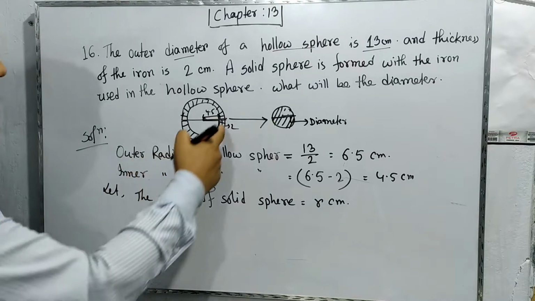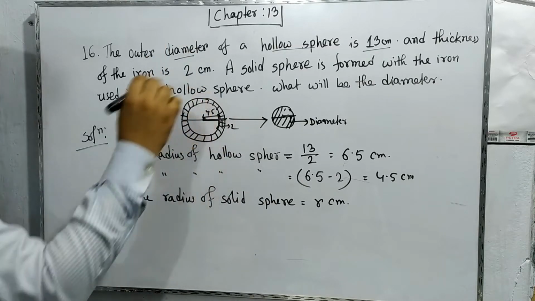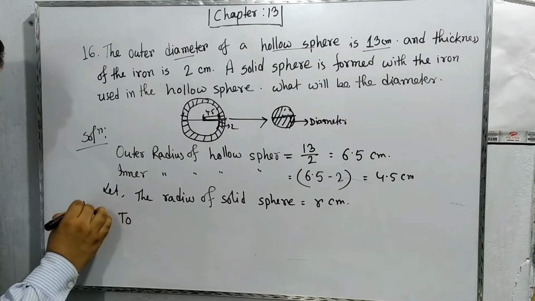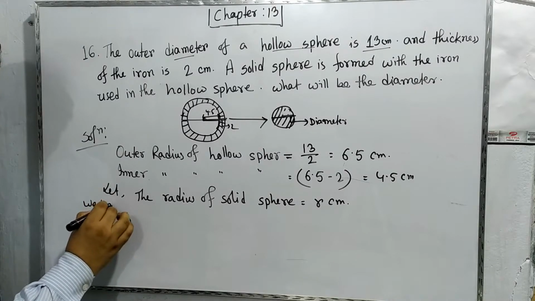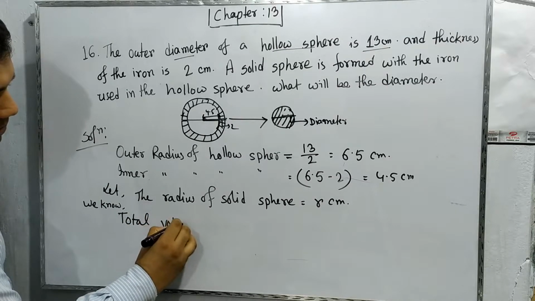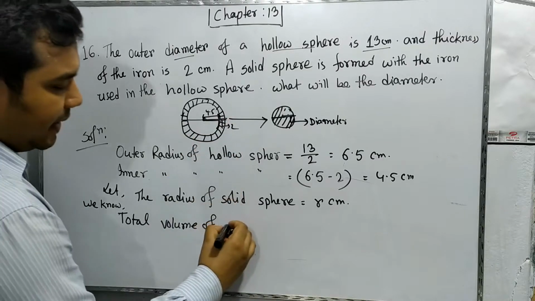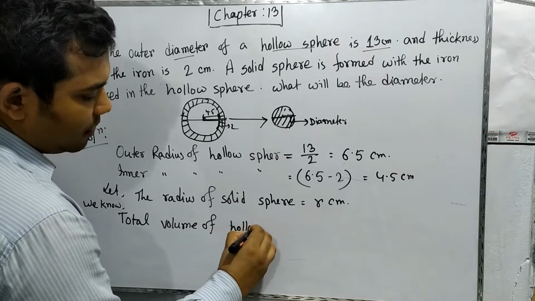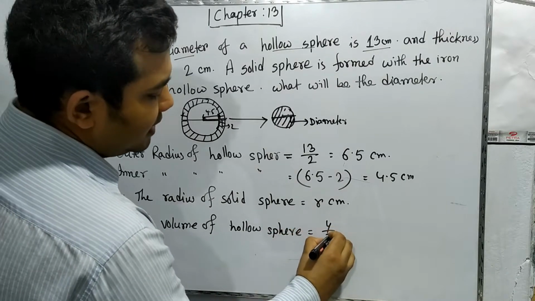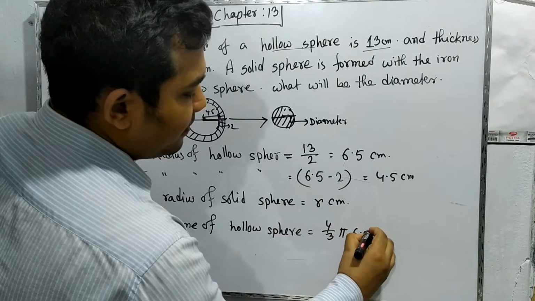We know the total volume of the hollow sphere is 4/3 pi r cube, that is 4/3 pi times 6.5 whole cube.